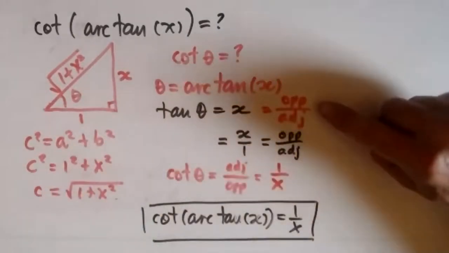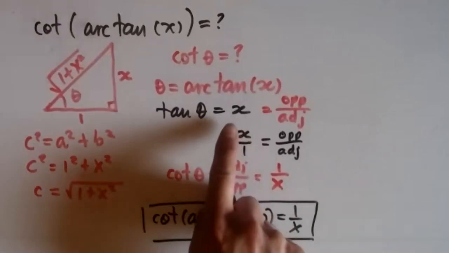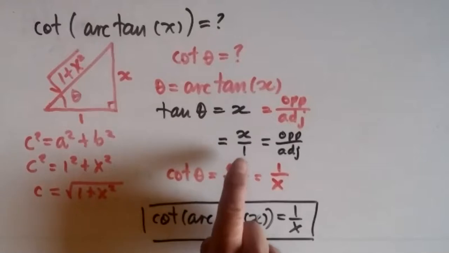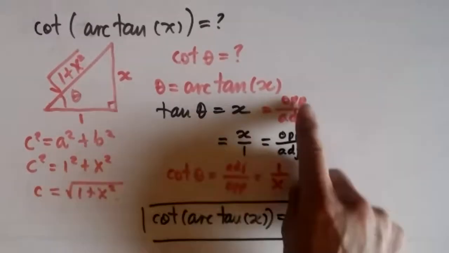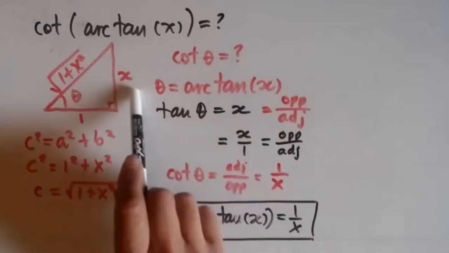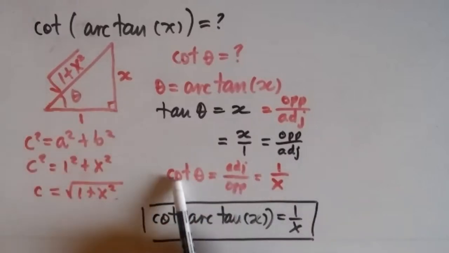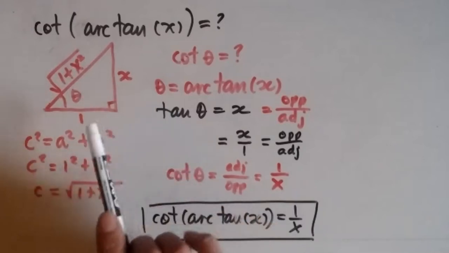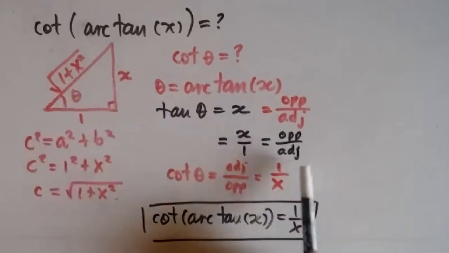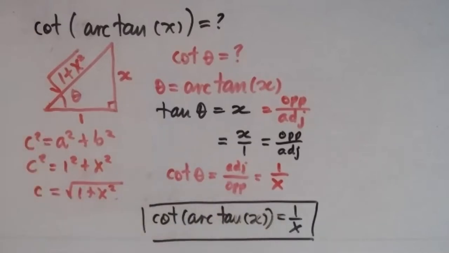And then I remember the definition of the trigonometric ratio tangent, opposite over adjacent. If I don't have a denominator, I put 1. You can always put a denominator, 1. Then opposite over adjacent, match 1 to 1. So this is the opposite, this is the adjacent. I write them here. And then using the Pythagorean theorem, I find the missing side. Once I have the missing side, I complete my information. What is the cotangent? Adjacent over opposite. Adjacent divided by opposite is this. So my solution of my original problem is this. Pretty much the same.